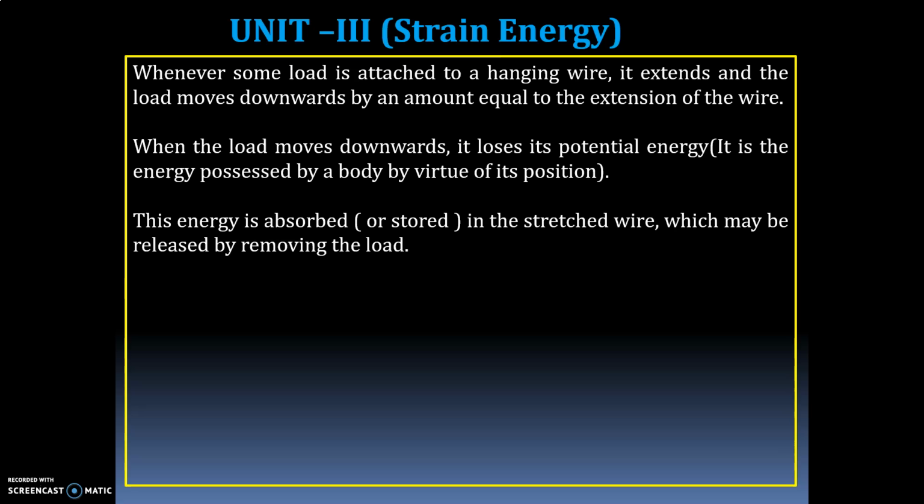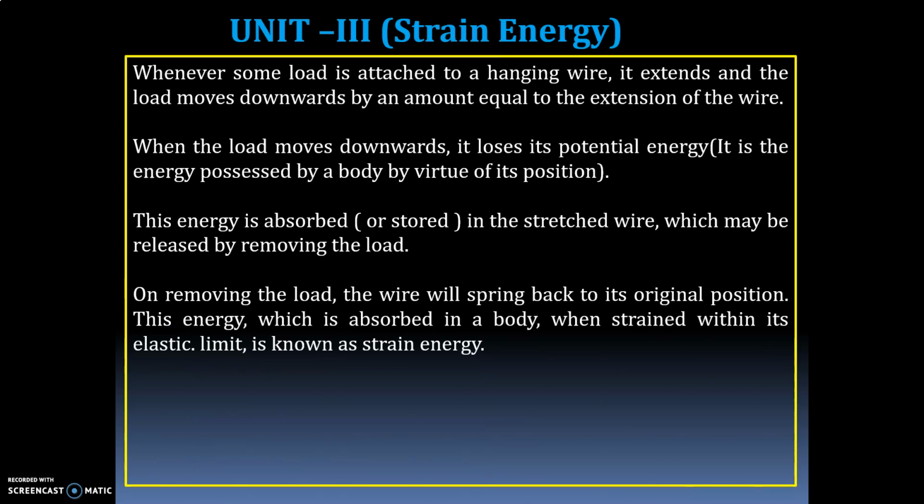This energy is absorbed or stored in the stretched wire, which may be released by removing the load. On removing the load, the wire will spring back to its original position. This energy, which is absorbed in a body when strained within its elastic limit, is known as strain energy.